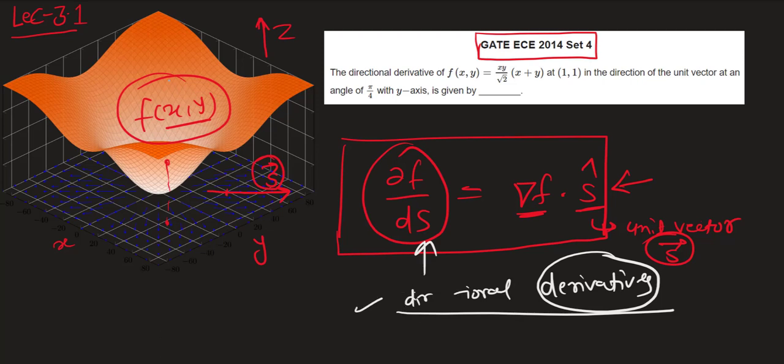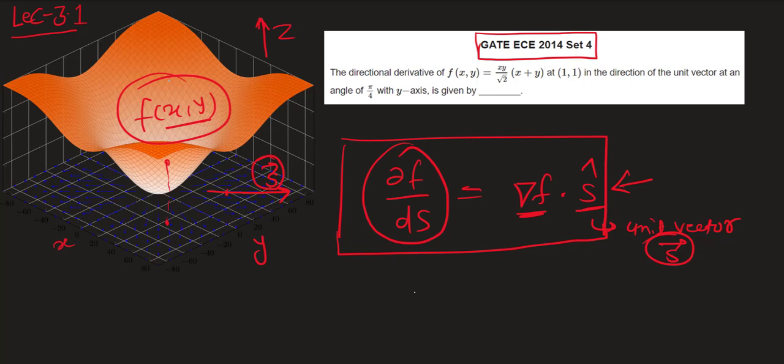Now let's solve the question which was asked in GATE 2014, in the ECE exam. The question is, we have to find the directional derivative of this function f at point (1, 1) in the direction of the unit vector at angle pi by 4 with the y-axis.